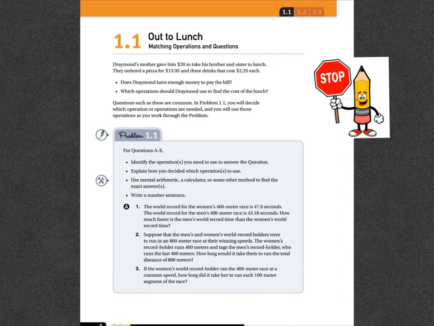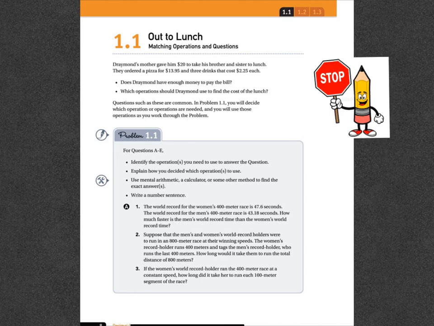So what strategy did you use? Right away I looked at it: there was 1 pizza for $13.95 and 3 drinks for $2.25 each. I rounded up that pizza to $14, so I knew that was $14. And then for starters, I used each drink at $2. You could add the 3: 2, 4, 6. I went 2 times 3 is 6.